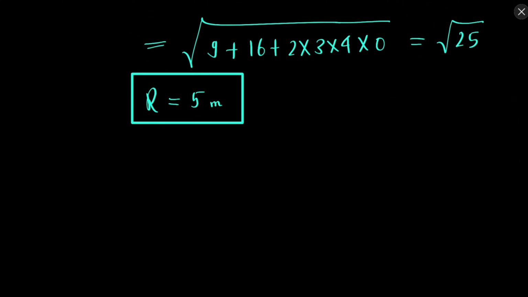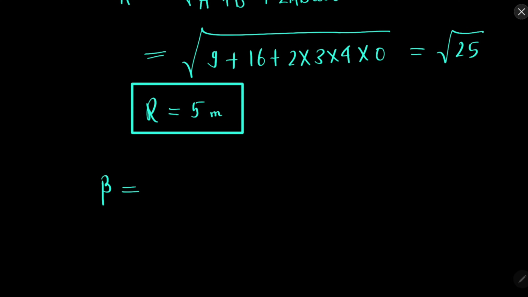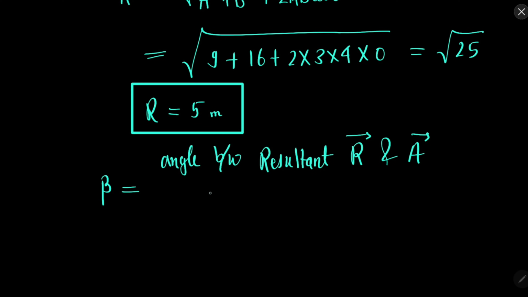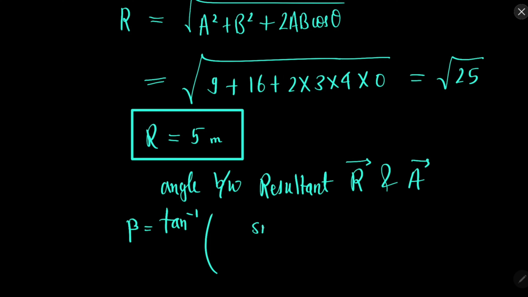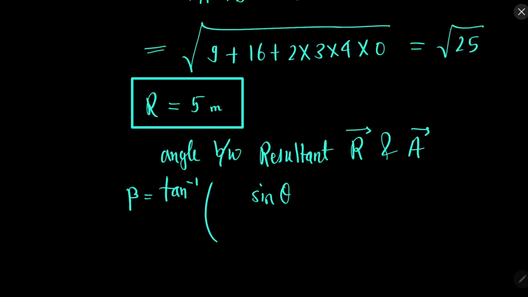What about the angle? Let's say beta is the angle between the resultant vector R and A. Beta will be equal to tan inverse of the magnitude of B vector into sin theta, upon magnitude of A vector plus magnitude of B vector into cos theta.